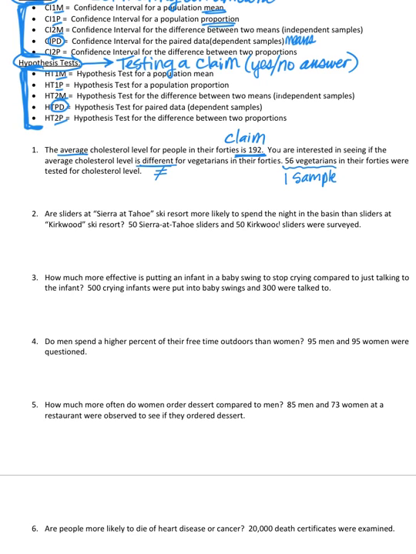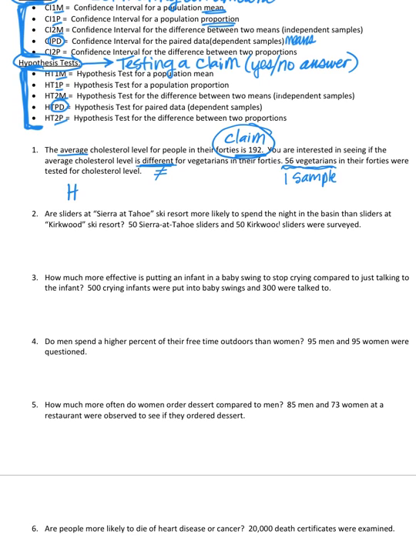Here's my thought process. We have a claim. We are going to test this claim to see if it is now something else other than 192, and I have one sample.